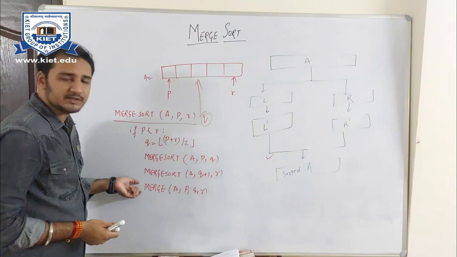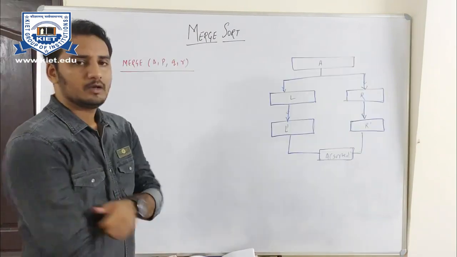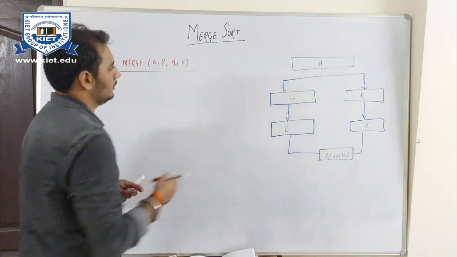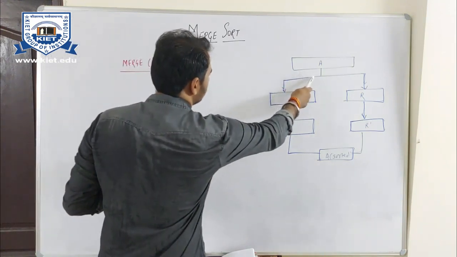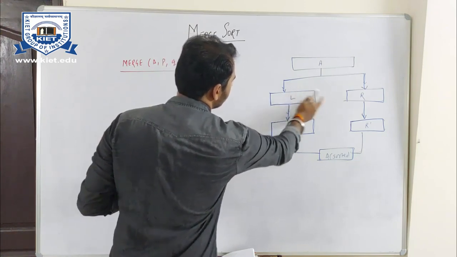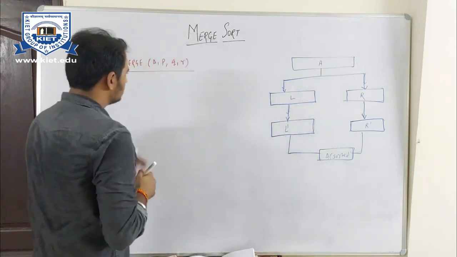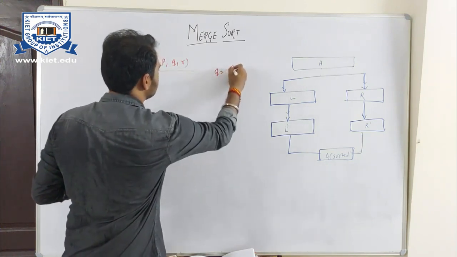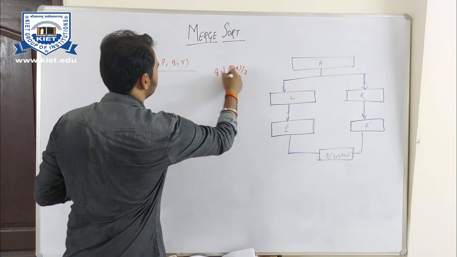Now let's see how this merge works. So now we are going to see how this merge procedure works. This is your initial array. You are dividing this into two equal parts, left array and right array. So you are calculating q, which is equal to the floor of (p plus r) by 2.